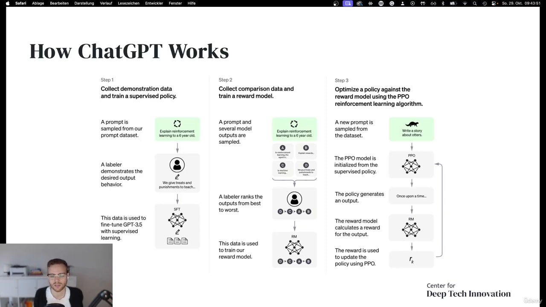but the process for creating an actual chat interface, an actual model that can answer prompts easily, is a little bit more complex. And this diagram you see here comes directly from OpenAI, and it was used to illustrate how the tuning of such a base large language model was happening.